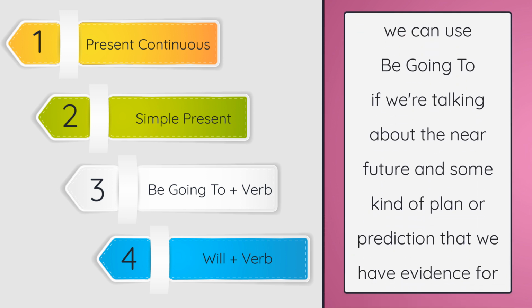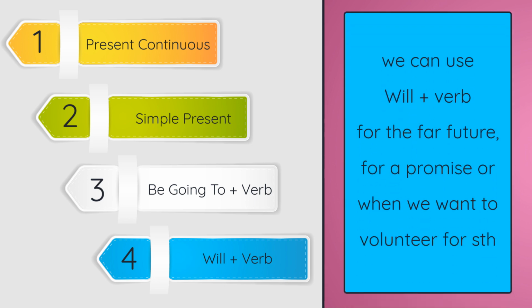We can use be going to if we are talking about the near future and some kind of plan or prediction that we have evidence for. We are pretty certain it's going to happen. And then we can use will and a verb for the far future, for a promise, or when we want to volunteer for something.